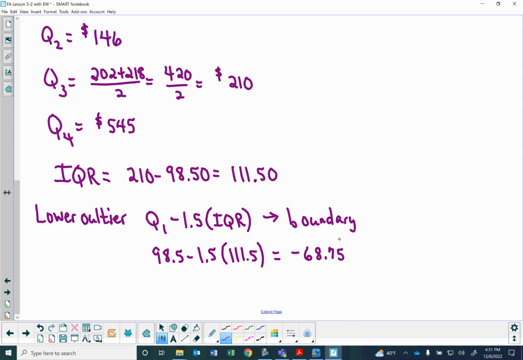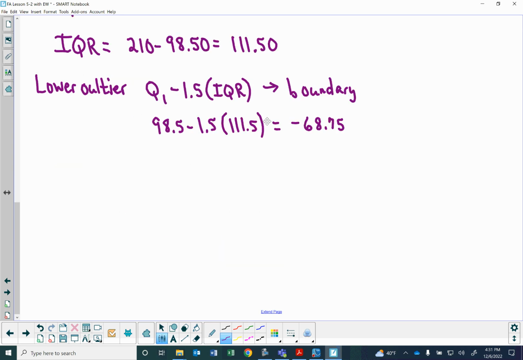So in order for something to be considered a lower outlier, it has to be below negative 68.75. We have no numbers that are even negative. So obviously there is no lower outlier, because no number is below 0, let alone negative 68.